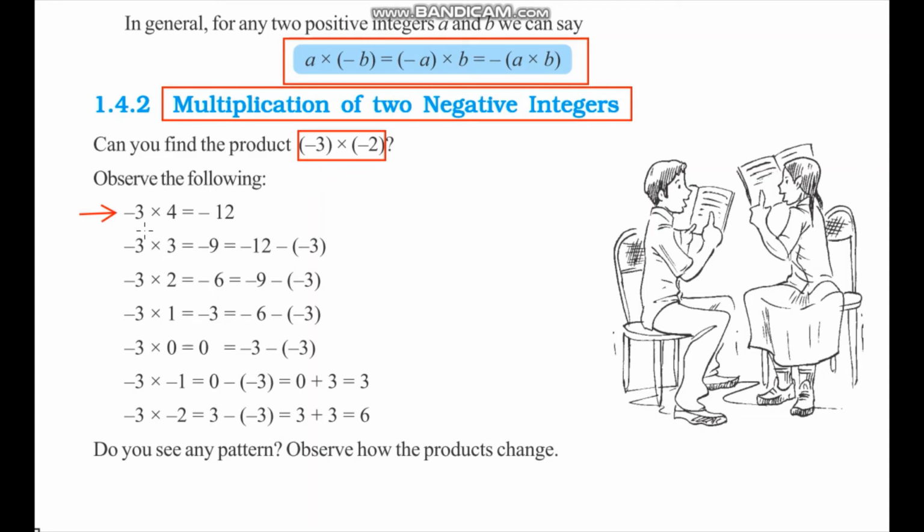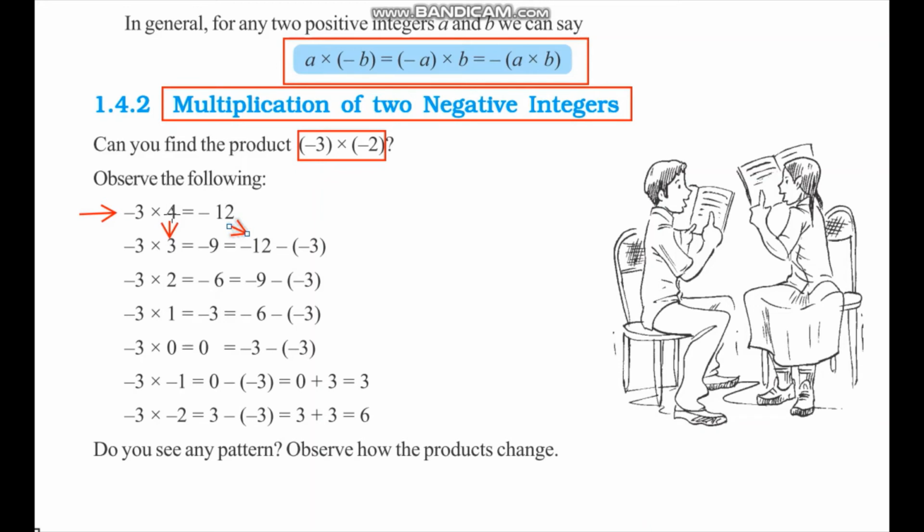Then let us reduce this 4 by 1 and make it 3. How do we get the product of this? What we can do is bring down this minus 12 and then subtract minus 3 from it. Why are we subtracting minus 3 from it? The reason is, in the first equation, we have 4 minus 3's.